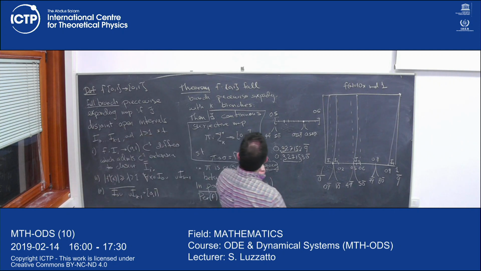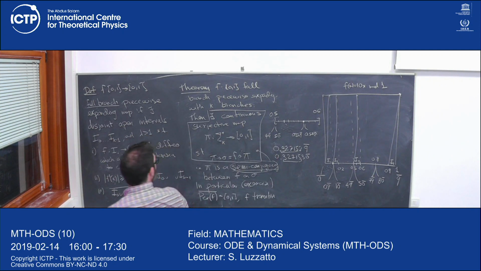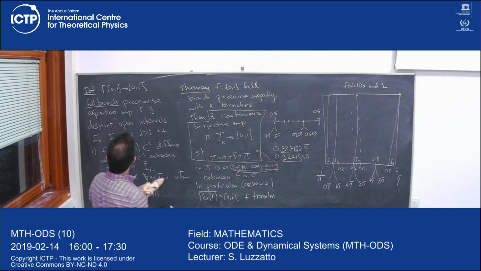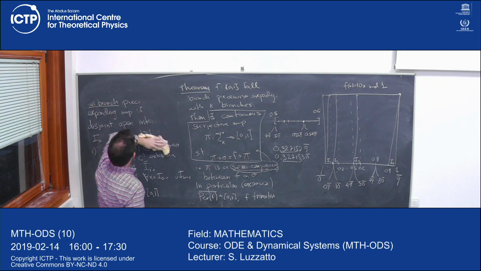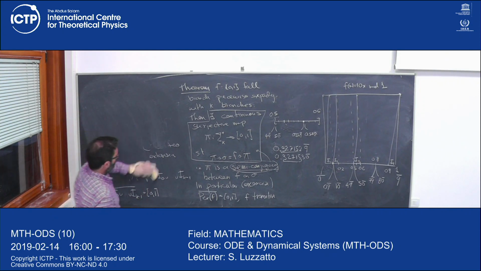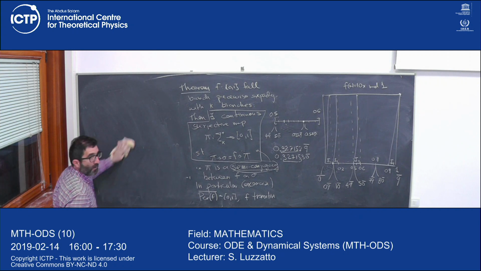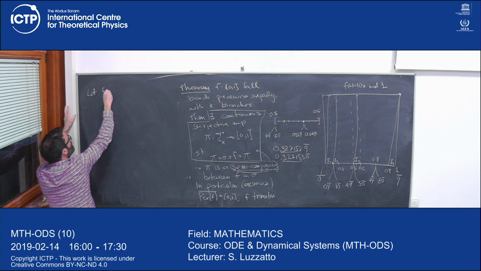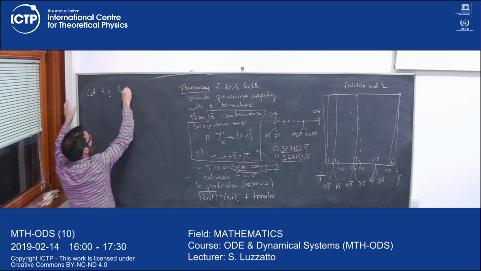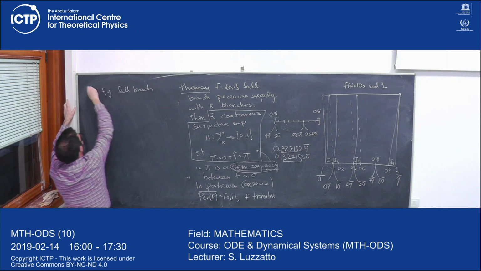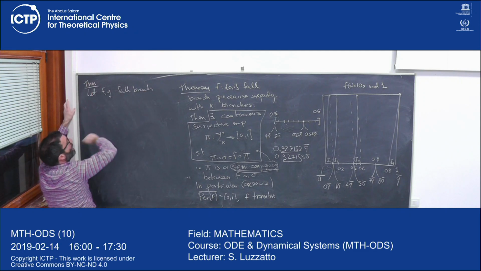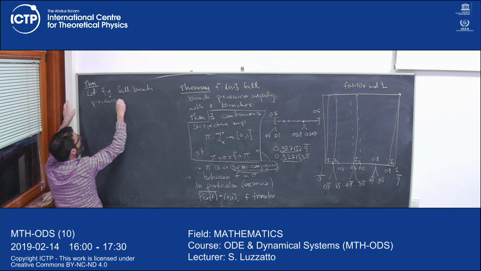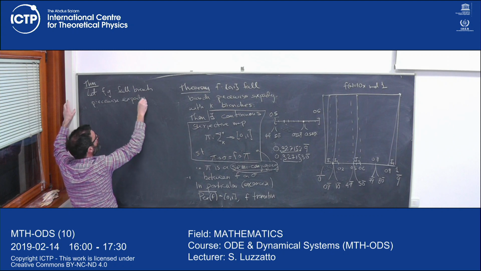So now the final step is we actually want to code two maps like that, right? The symbolic dynamics is a way to understand the properties, but what we would like also is to say that if we have two maps like that, so let F, G be full branch, piecewise expanding. This is another theorem, okay?